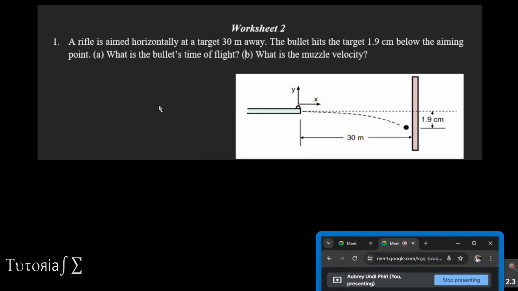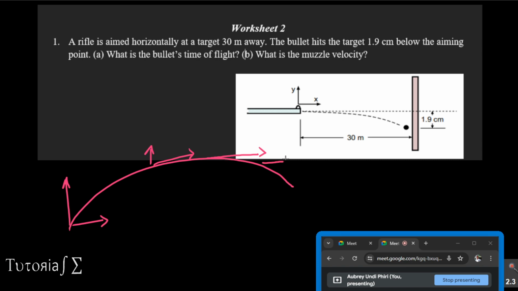Basically, projectile motion deals with motion in 2 dimensions. When you throw something like that, this object is going in 2 dimensions. It is going up, and at the same time it is going forward. When it reaches this point, it only goes forward.